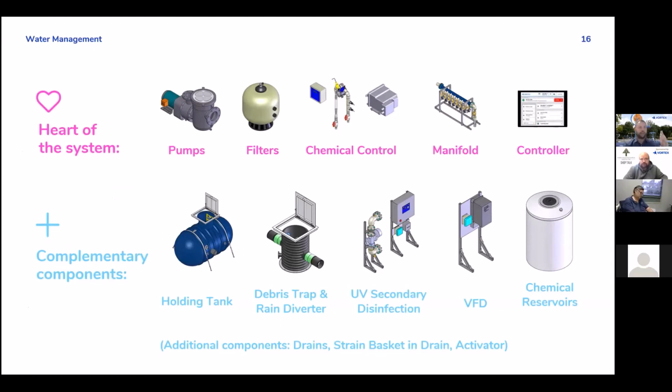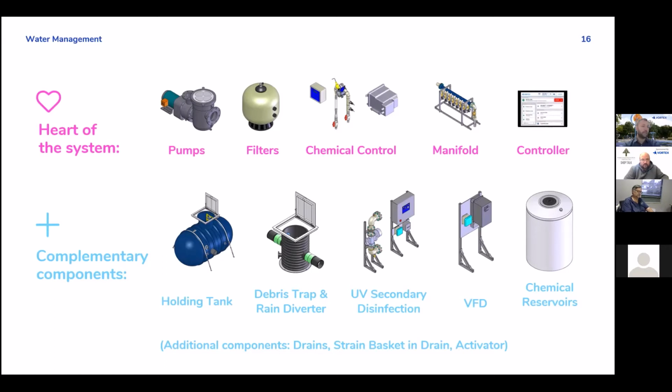So we don't even have to consider whether we should have it or not, because the state health department does require a UV module to be included in your overall solution. Again, the VFD is typically only used on larger splash pads and larger pumps, but it does keep a consistent flow, and you're able to control those pressures so much easier and better when you have a variable frequency drive involved in your solution.